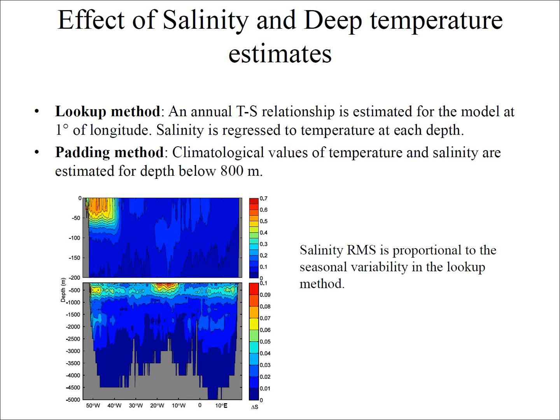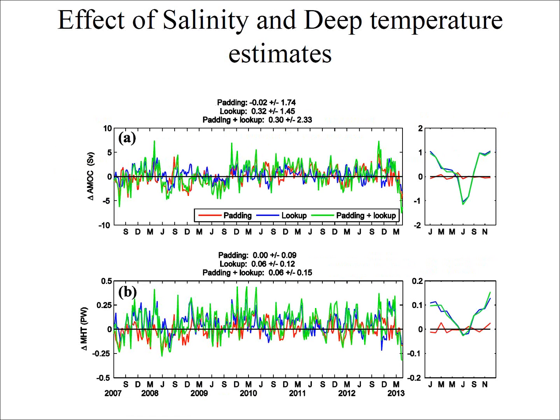For the lookup table, I use annual data instead of monthly, so we can see that most of the variability is due to the seasonal cycle. And this is what you see when you look at the residuals of the AMOC and heat transport against the perfect reconstruction using padding, lookup, and padding plus lookup. This will be the full XBT approximation that you use in observation.